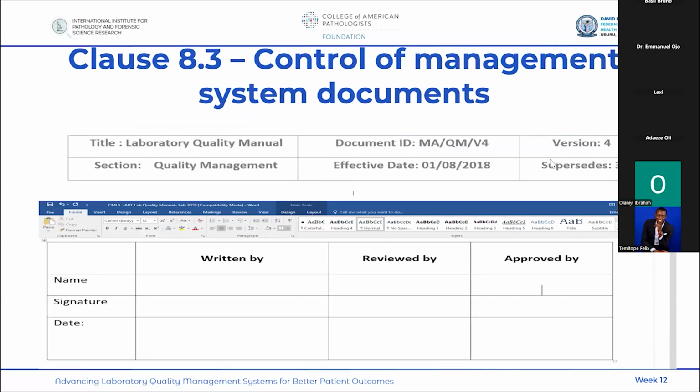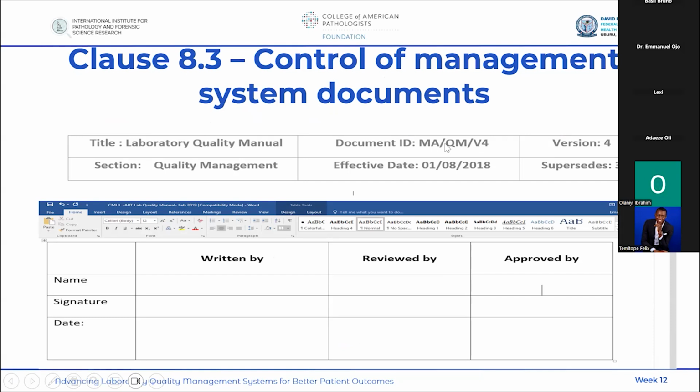So for this, my document, I'm putting the title of the document is Lab Quality Manual, the section where it is being used. If it is an SOP for full blood counts, it will be there. The document ID, this is the unique identification.